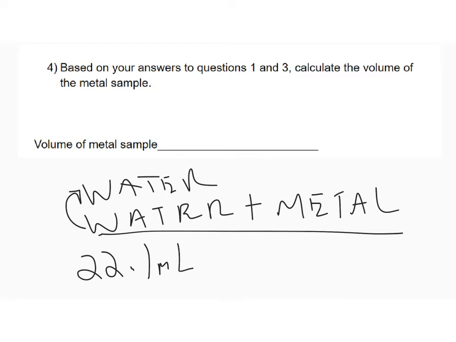Again, you might have written 22 or something like that. We probably all had the same answer for the first one, which is that the water by itself is 20 milliliters. So to find the metal, we take the difference between those two, because that's what caused the water to rise from 20 to 22. So the volume of the metal by itself would be 2.1 milliliters. Okay, so just taking the total, subtracting the part that was the water, that gives us the amount of the volume that's the metal.